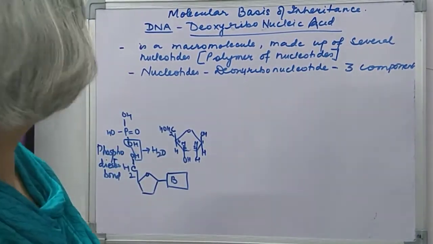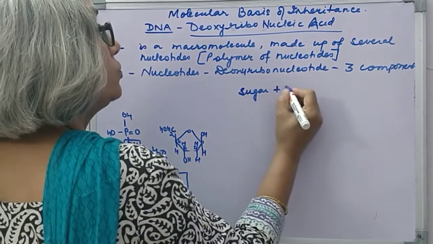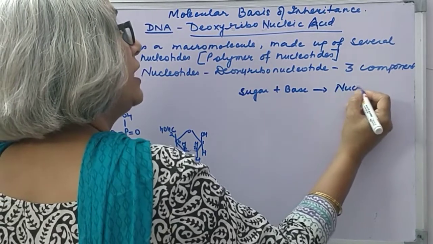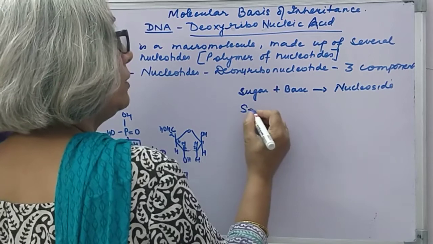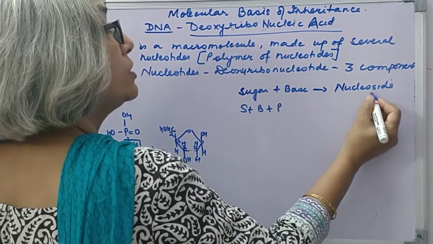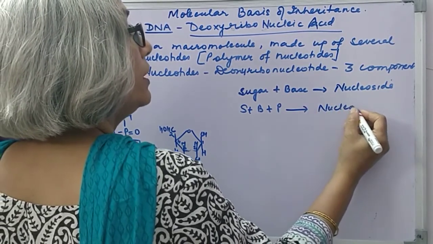Now, when a sugar combines with a base, we say a nucleoside is formed. And when phosphate is added to a nucleoside, then a nucleotide is formed.